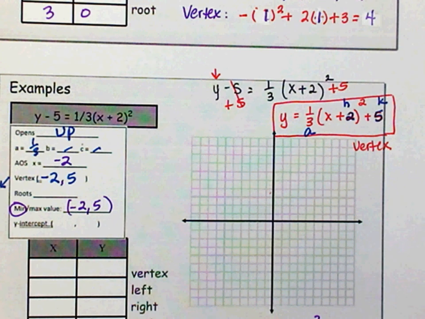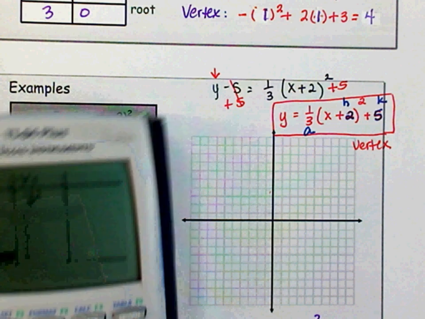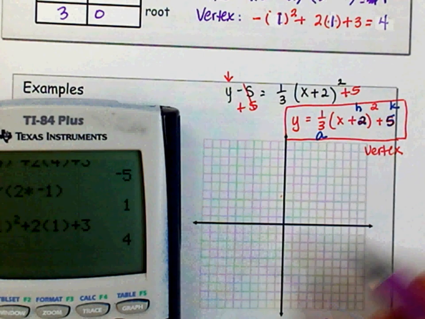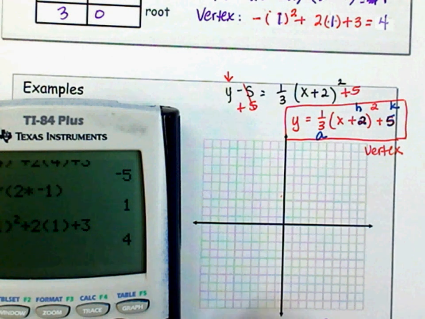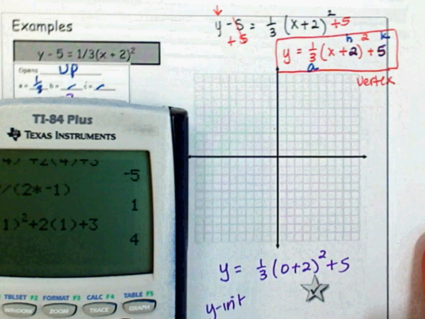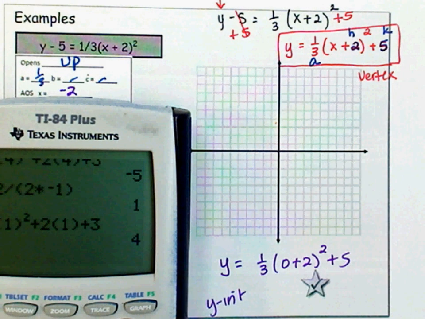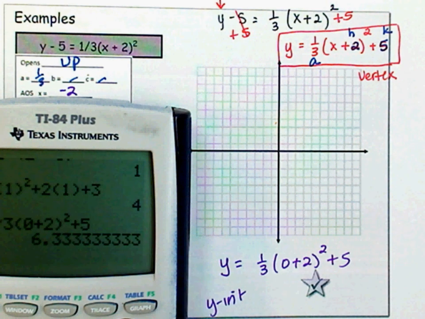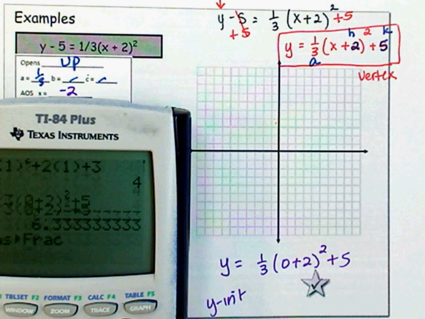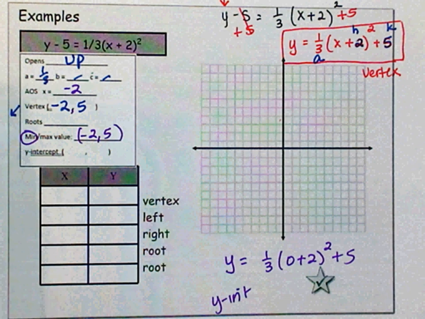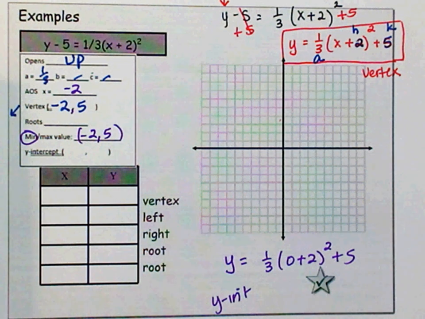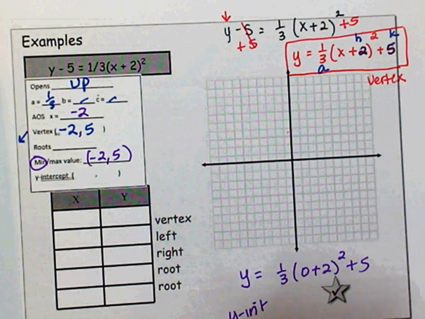Okay. So let's do this real quick. This is how you find your y-intercept. Okay? 1 divided by 3, parentheses, 0 plus 2, square, plus 5. Math, enter, enter. So your y-intercept is, wow, okay, 19 over 3.